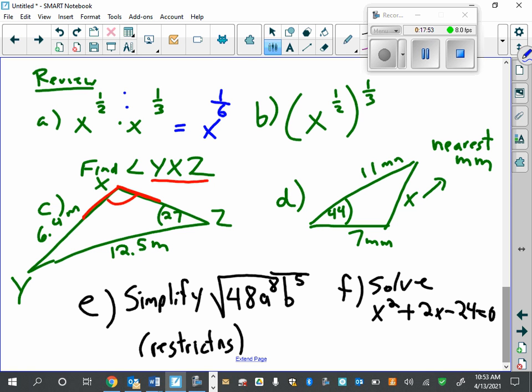It doesn't ask you to, but remember, rational exponents: 1/2 means square root, exponent 1/3 means cubic root, 1/4 is 4th root, 1/6 is 6th root. Oh, yeah, thank you, Kane, for looking at me, because I am wrong.